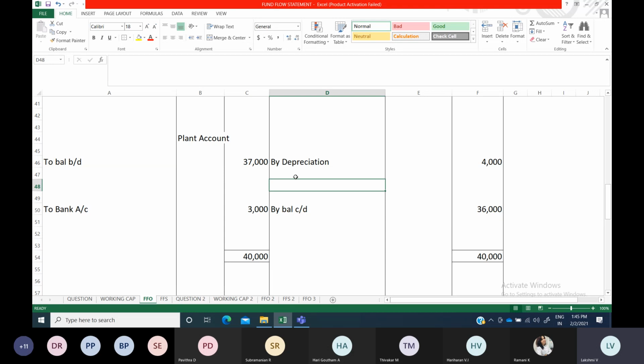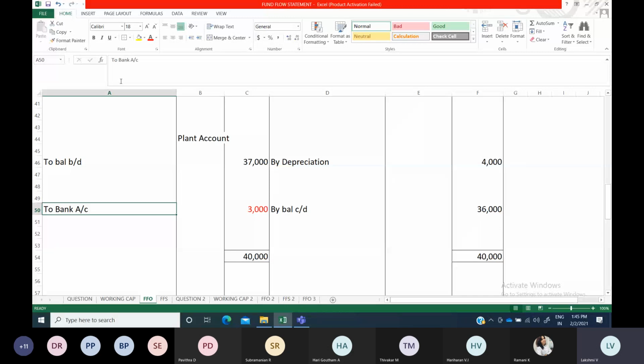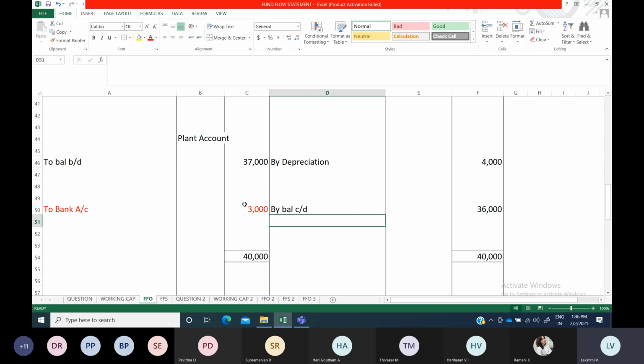So if you are getting this side as your balancing figure, it is known as purchase. They purchased for 3,000. If you get the other side as your balancing figure, it means they have sold out the particular machinery or plant. So this will be your purchase of plant.